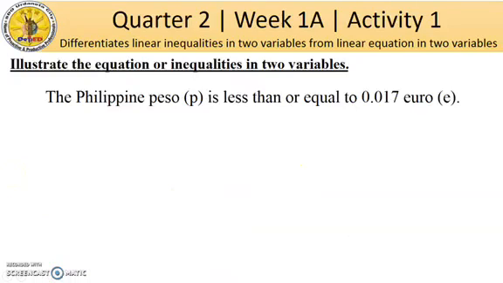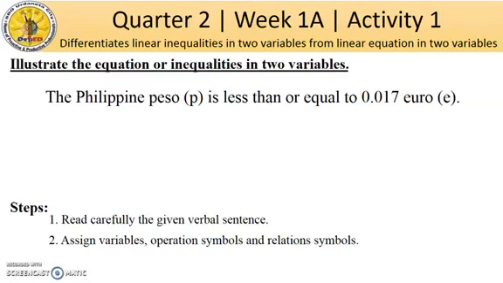Next example, the Philippine peso is less than or equal to 0.017 euro. Now, after reading, we need to assign variables. So, for the Philippine peso, we will change this to P. So we will represent the Philippine peso as P. Is less than or equal to, of course, we have this symbol.